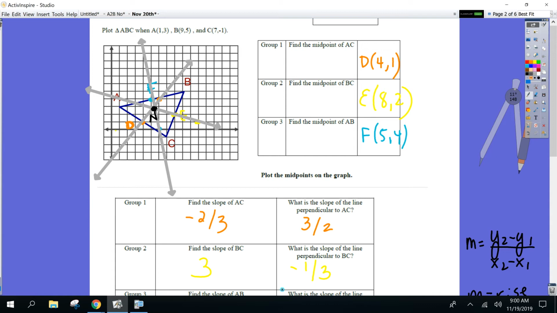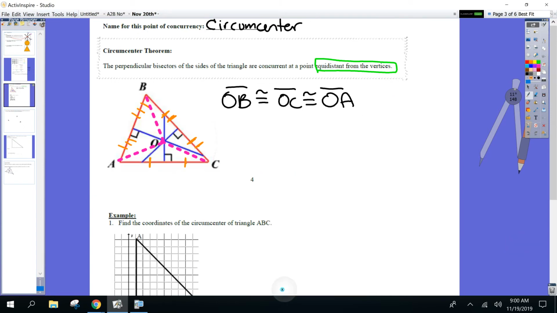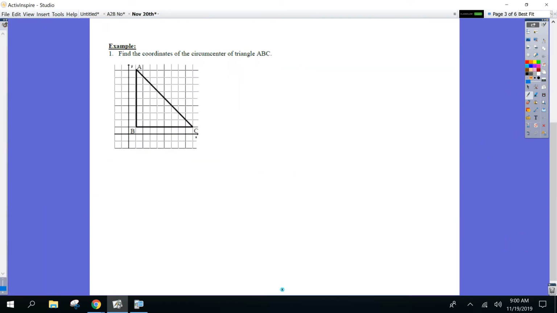Okay, because now what I'm going to ask you guys to do is find it on your own. Here we go. Example 1. Here's triangle ABC. Where's the circumcenter? Okay, everybody stop. This is usually where panic mode sets in when I release the ropes and let you go on your own. First thing that goes through my mind: you want me to find the circumcenter.